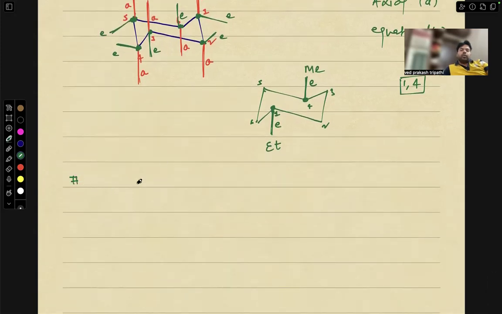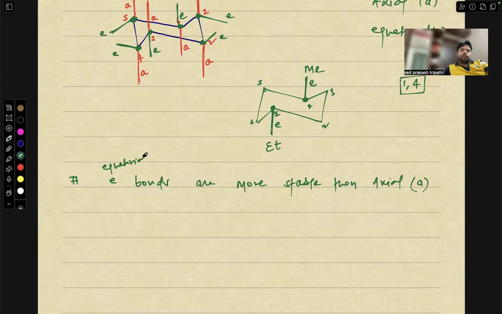So I am going to talk about the stability of the chair form of groups. So we can say here equatorial bonds are more stable than axial. Second, more equatorial, more stability.